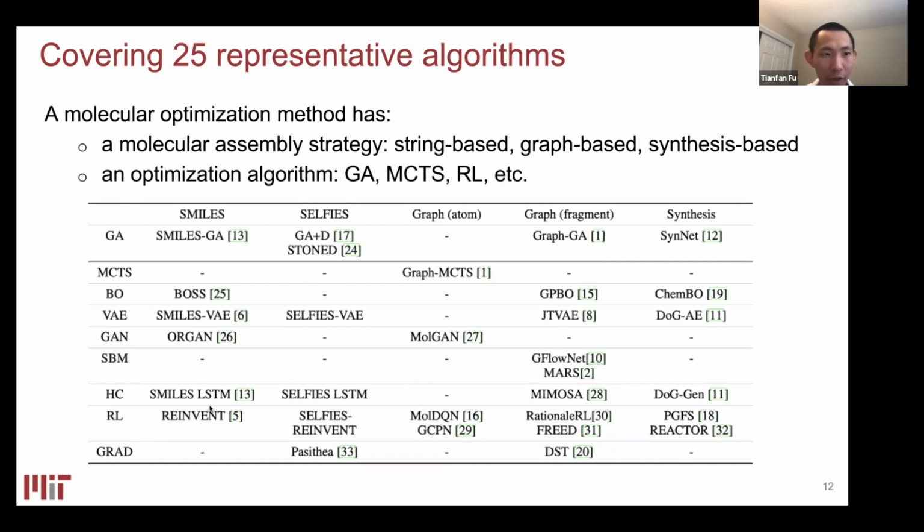We totally covered 25 representative algorithms. Some algorithms that are early or have a slow learning process, we don't include in the current version. For example, BOSS, Pasithea, and the GFlowNet-based method.